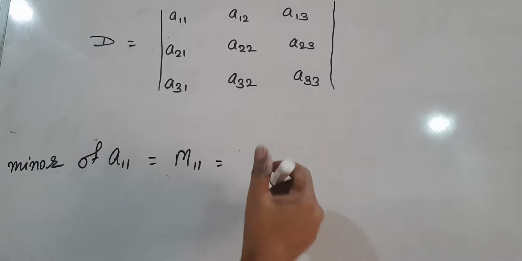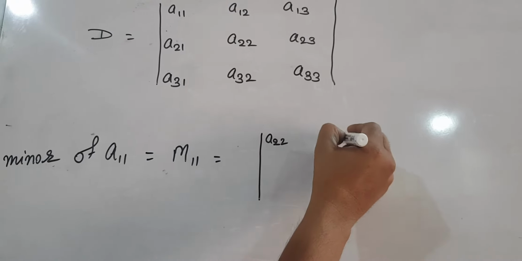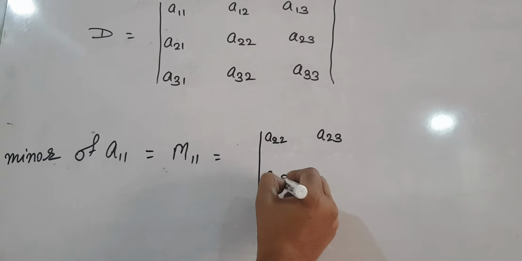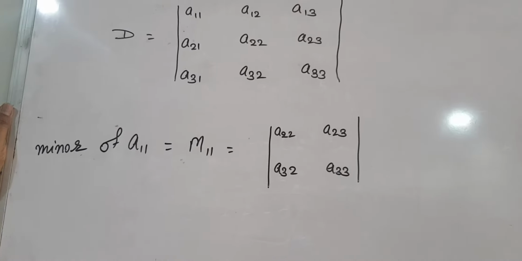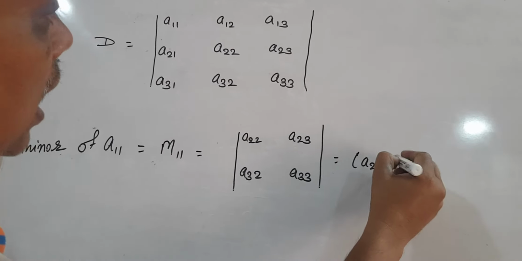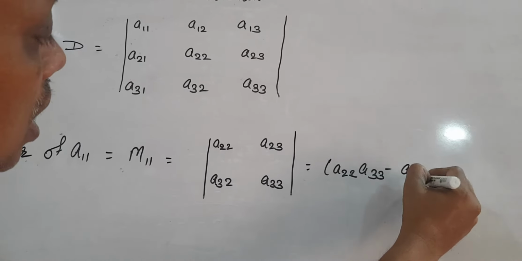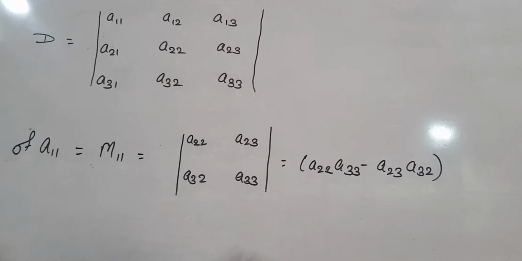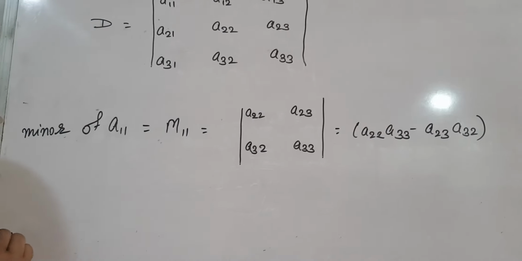So it becomes A22, A23, A32, A33. Is that clear? This you can also express as A22 A33 minus A23 A32. Is that clear? Now I will not write it completely, so pay attention.